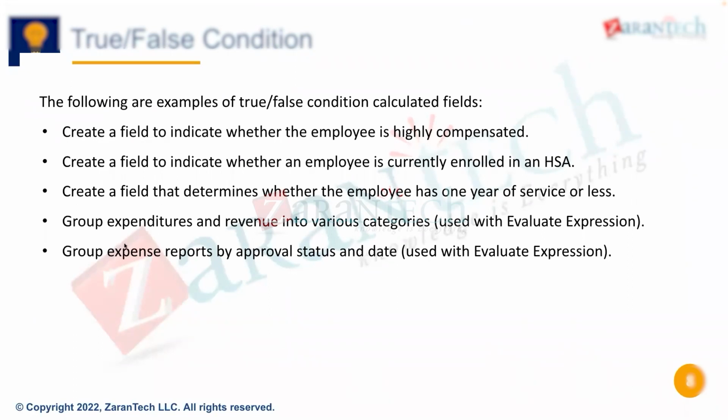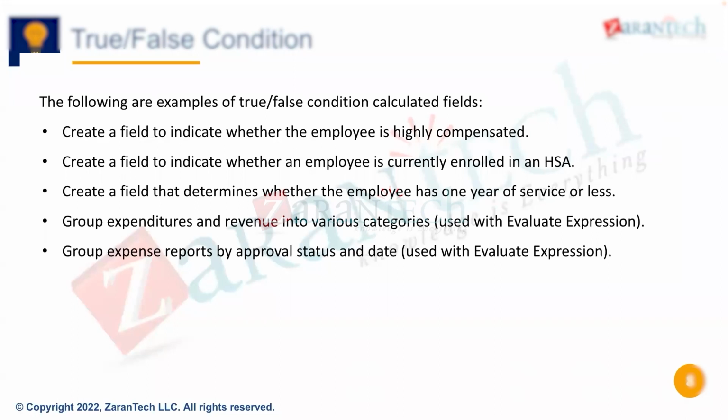And now I'm going to create a field for when the employee has 1 year of service or less. You can look at the tenure field that we created in the last sessions, where we're looking at the employee's tenure in number of days. So we can compare it with 1 year, or in days, 365.